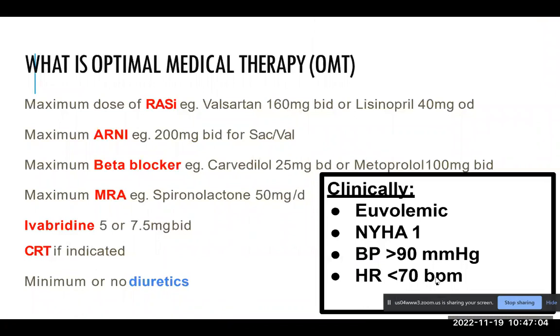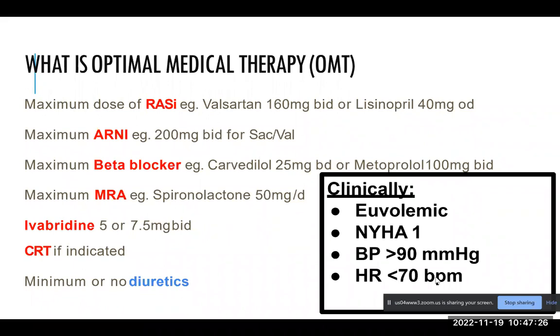What's optimal medical therapy? Maximum dose of anti-RAS: valsartan 160 BID, lisinopril 40 OD. Maximum dose of ARNI is 200 BID. Maximum dose of beta blocker is bisoprolol 10 or metoprolol 100 BID.